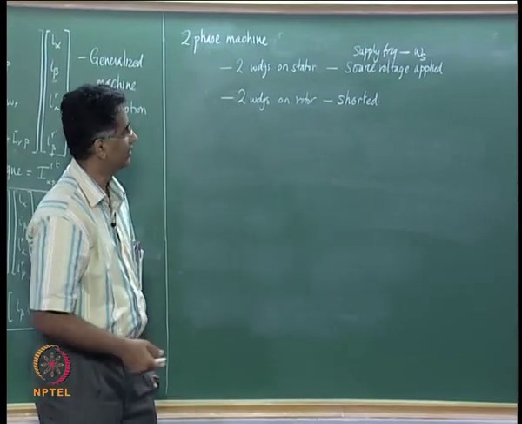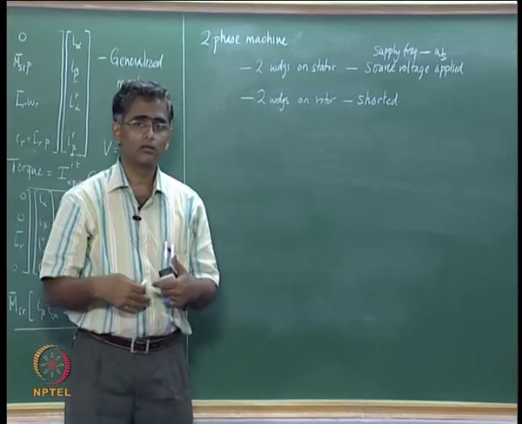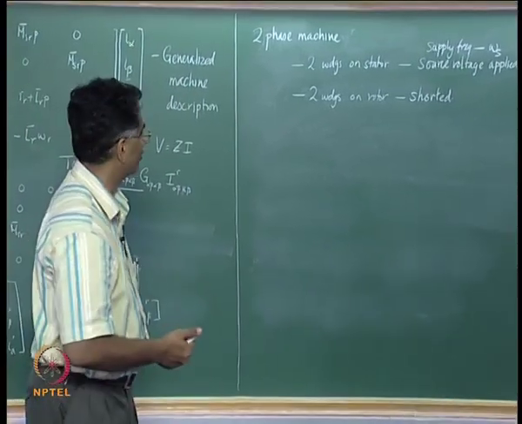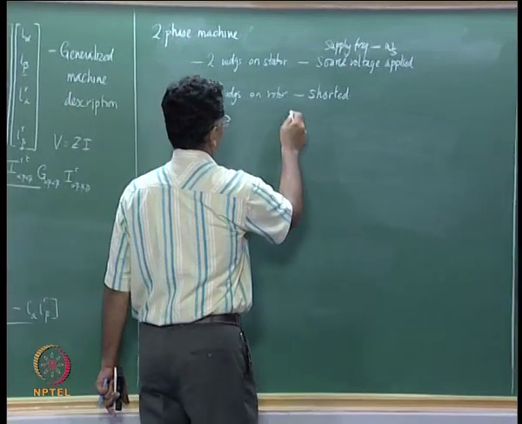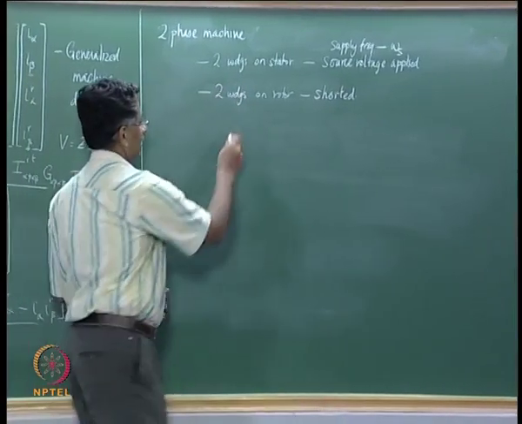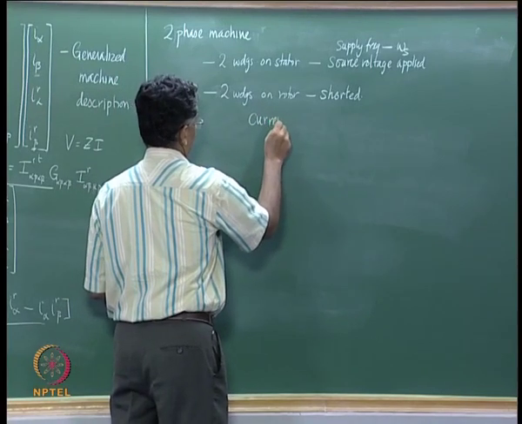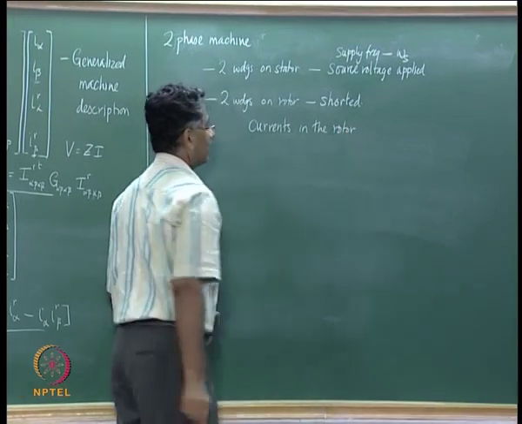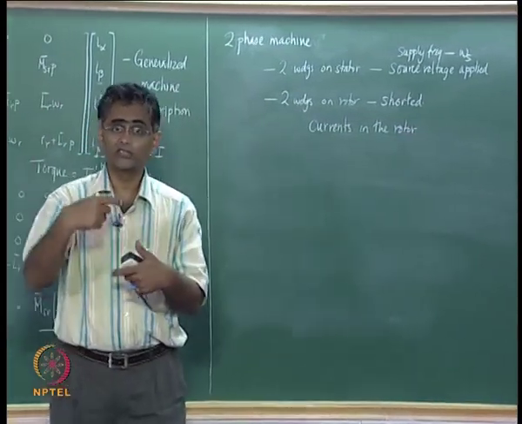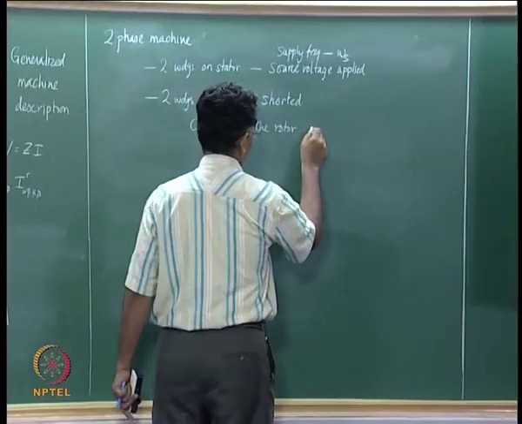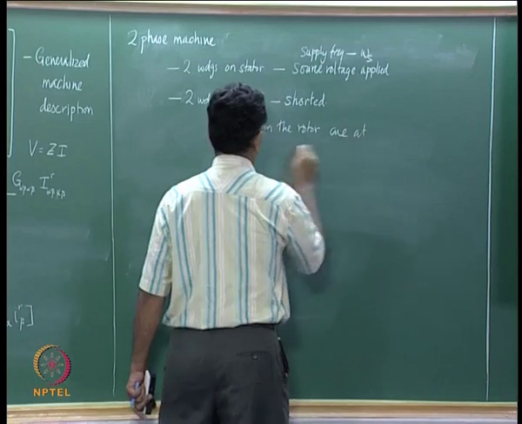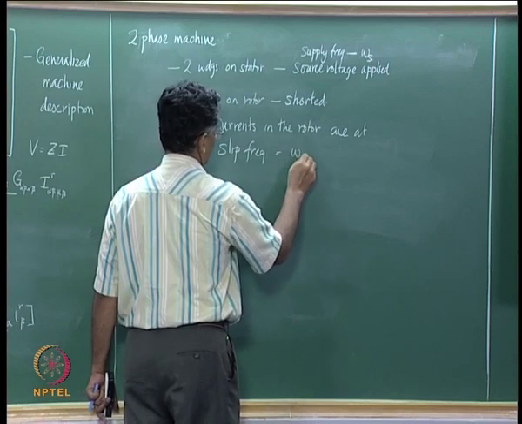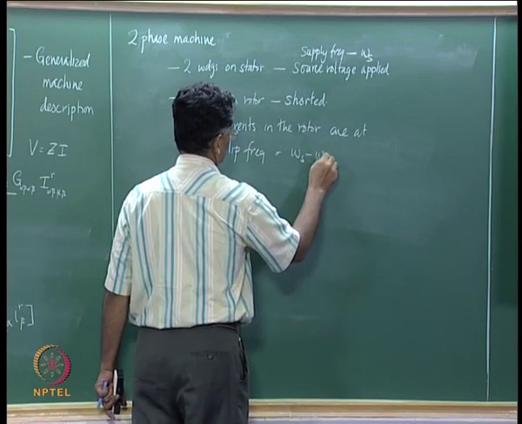Now in an induction machine, you know that the rotor rotates at a speed omega r, which is less than the synchronous speed, and the currents in the rotor are therefore at the slip frequency, which is nothing but omega s minus omega r.